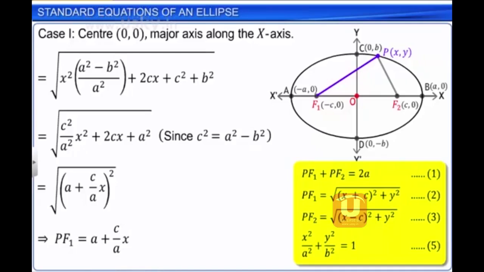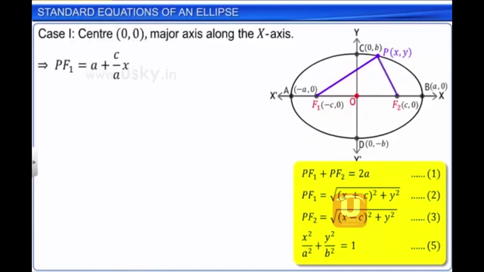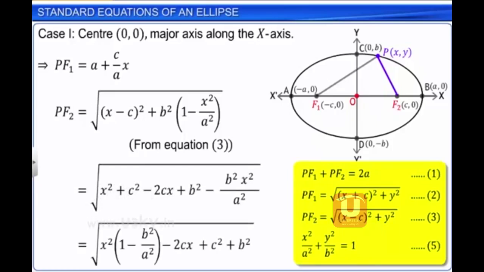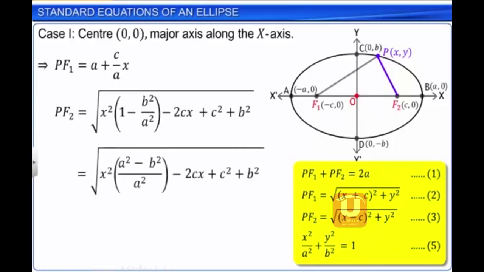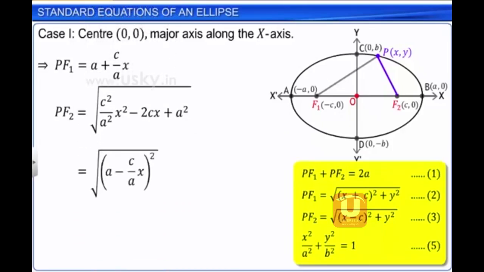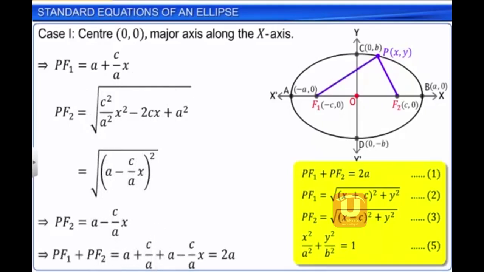Substituting the value of y square from equation 5 in equation 3 and simplifying, we get PF2 is equal to a minus c upon a x. Substituting these values of PF1 and PF2 in equation 1, we see that the geometric condition is true. Thus we can say that point P lies on the ellipse represented by equation 5.